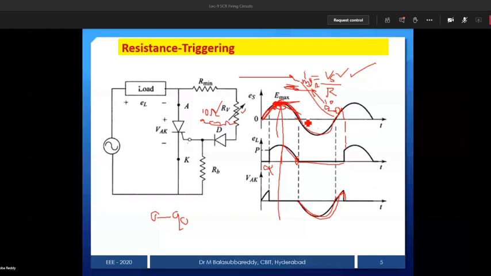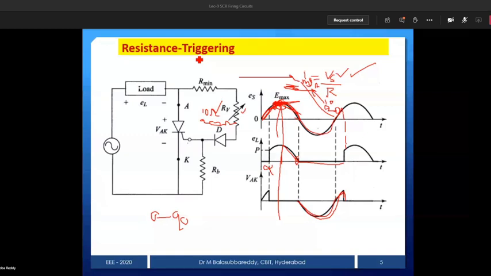Beyond 90 degrees the voltage values repeat the same as 0 to 90 degrees. If the voltage from 0 to 90 is insufficient to trigger, then from 90 to 180 it is also the same, so the SCR will not trigger. To overcome these problems, we will go for RC triggering.